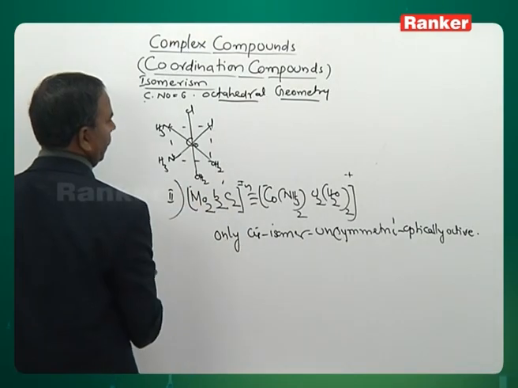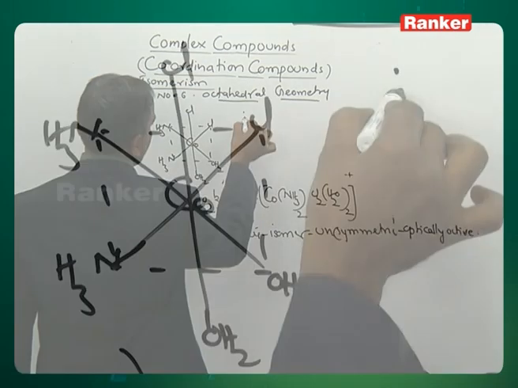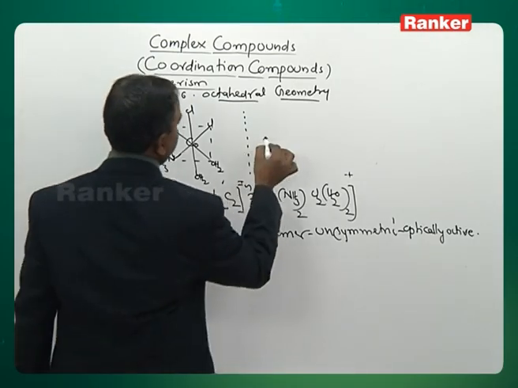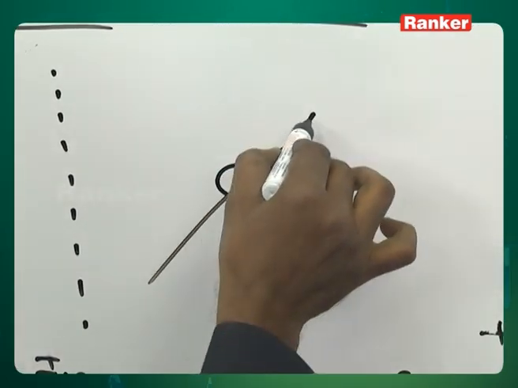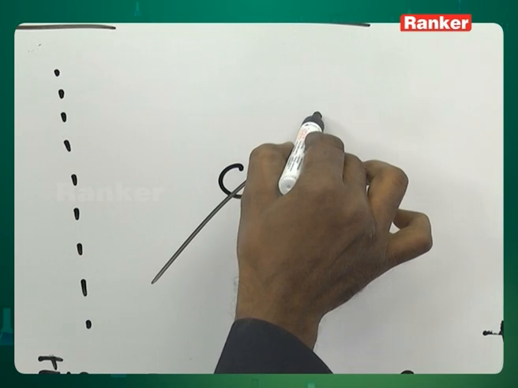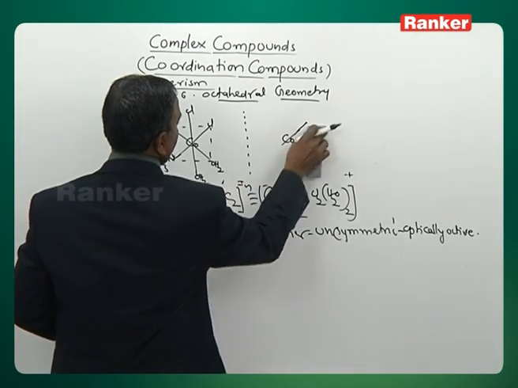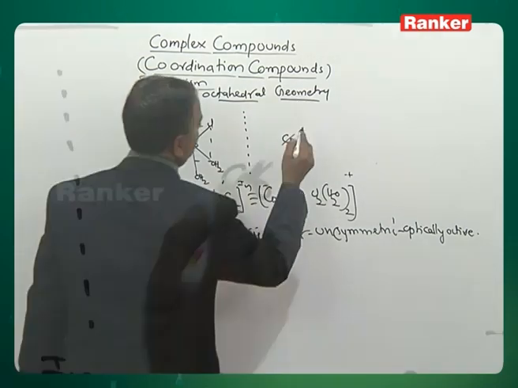This is the cis isomer, and this cis isomer is optically active. Now we can write one as the D isomer and the other as the L isomer. Consider the first one as D, the next as L.